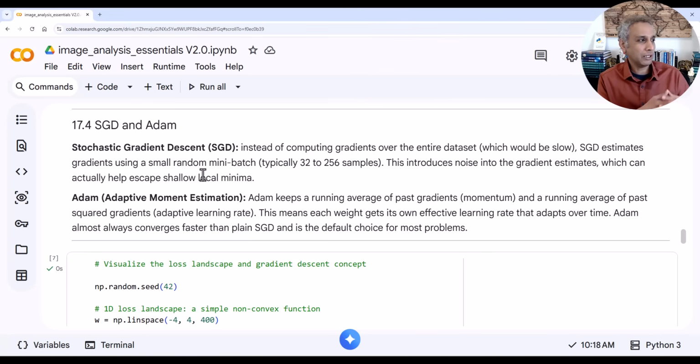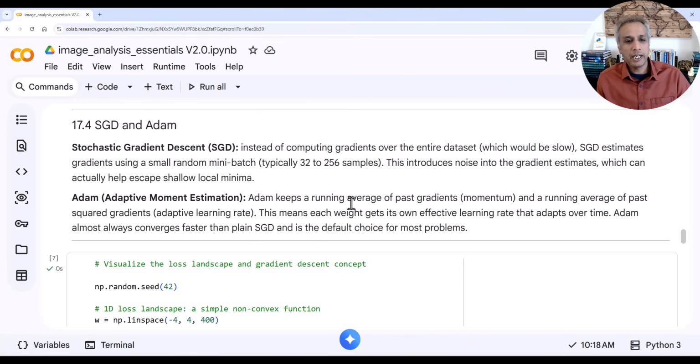You usually use like 32 or 64 or 128 or 256 mini batch. So that's stochastic gradient descent.